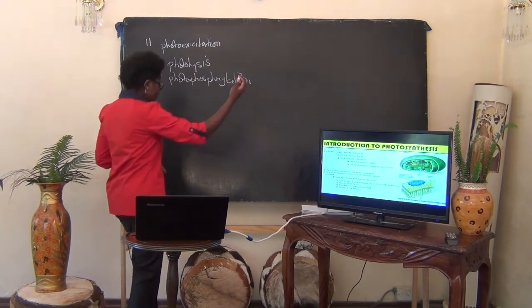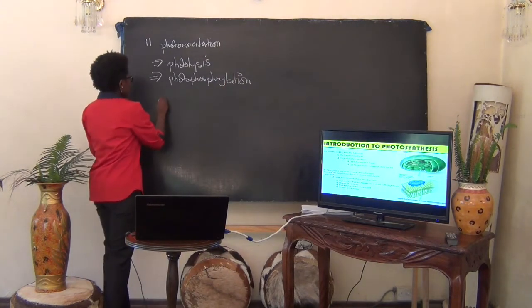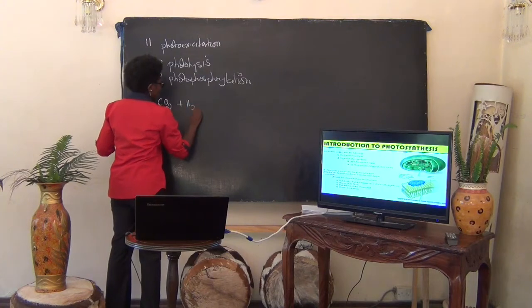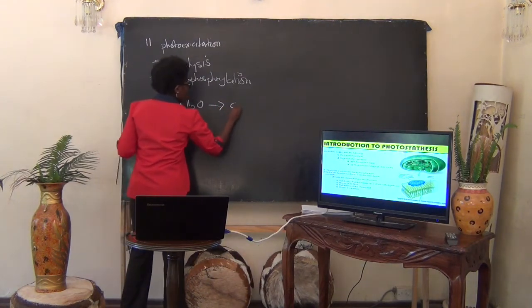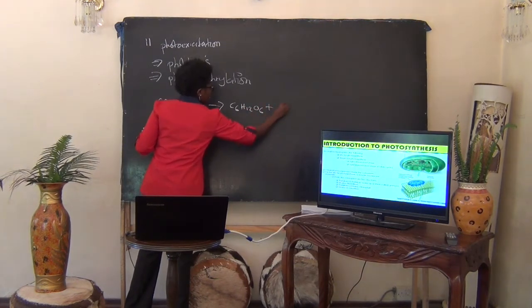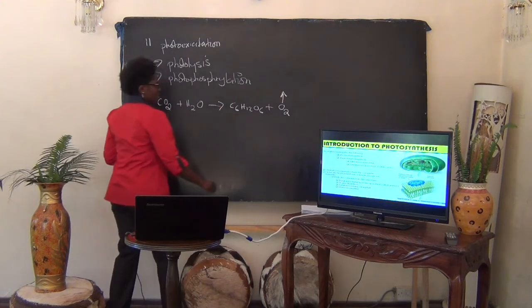So mainly, you'll understand from our basic equation of photosynthesis that carbon dioxide plus the molecule of water will give us a glucose molecule, C6H12O6, as oxygen is evolved.